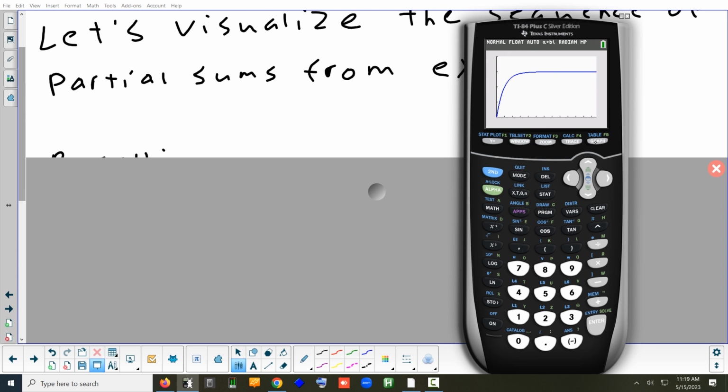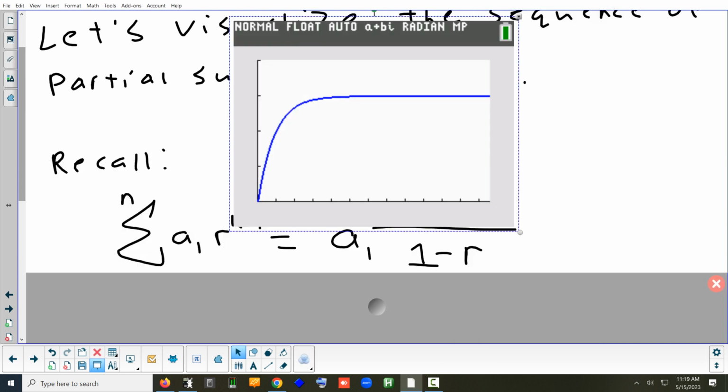But look how fast it converges. So here's S1 right about there, S2 right about there, and then S3 somewhere there, and then S4. I think S4 was already pretty close to like 2.9 or something. But those are my partial sums.